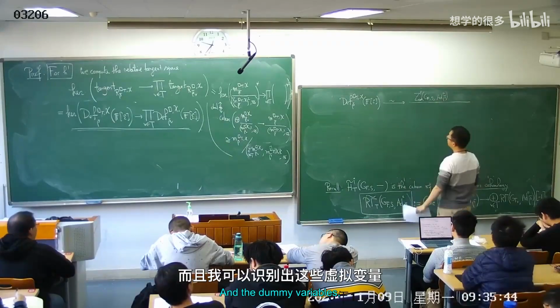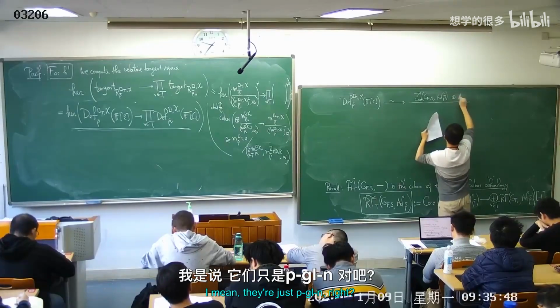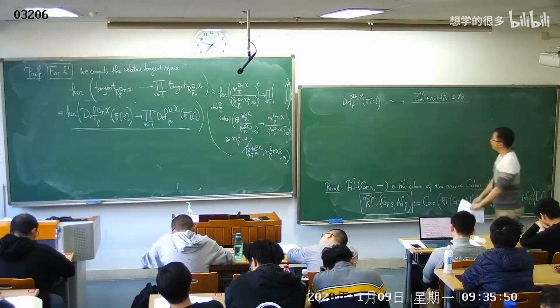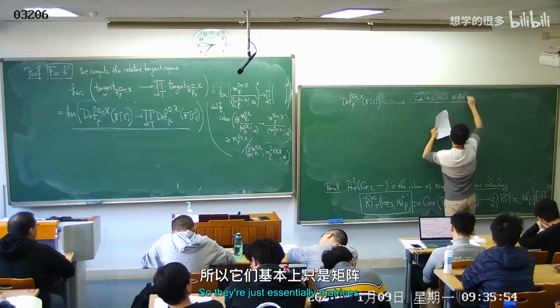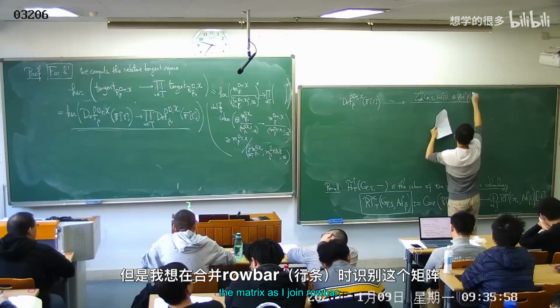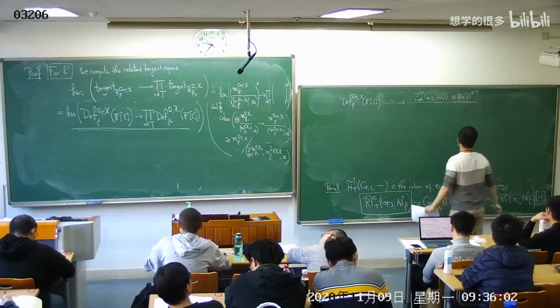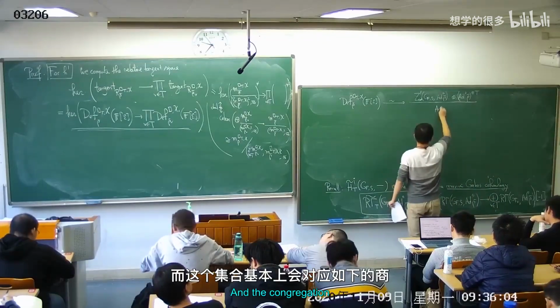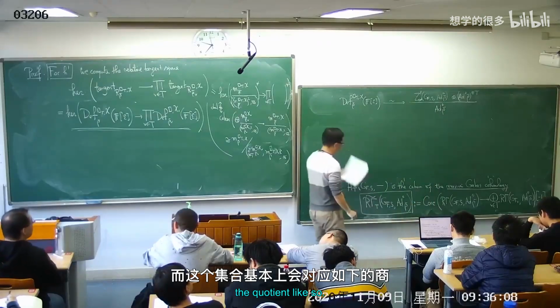And the dummy variables, I can identify them. They're just PGLN, right? So if I do F epsilon, they're essentially matrices. But I want to identify the matrix as adjoint rho bar, and there are T of them. And the conjugation will basically correspond to the quotient like so.